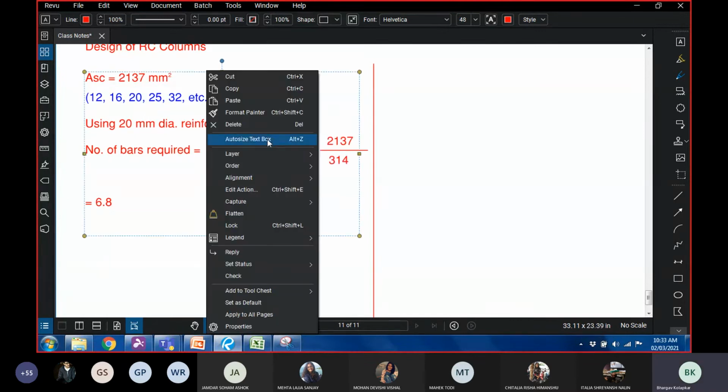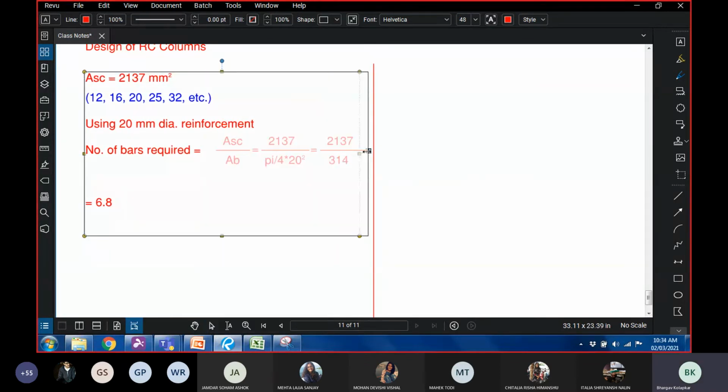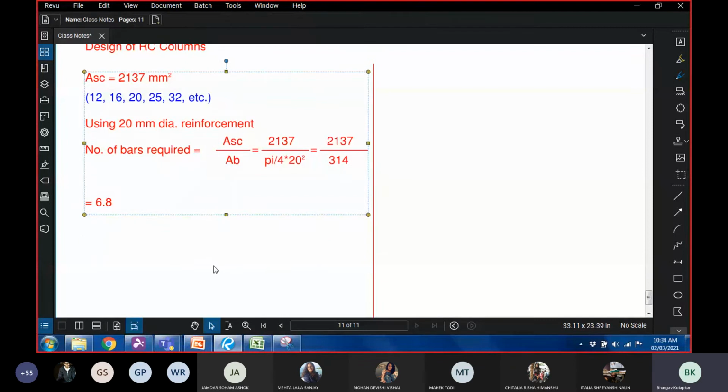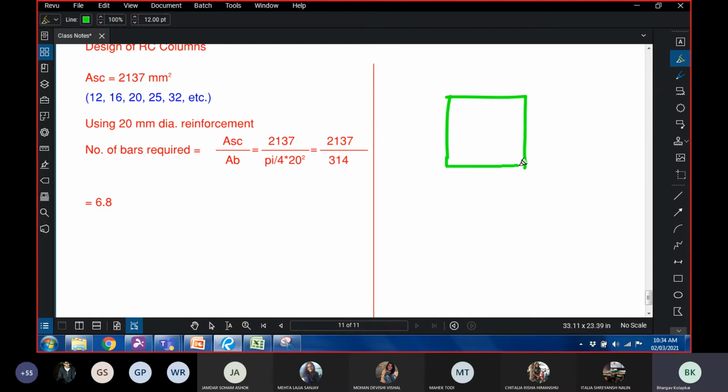So how many rebars will you provide if the calculation says 6.8? Anyone? Sorry? 7. Okay, 7 could be an answer. Now I'll just draw a sketch and you could help me provide 7 rebars.